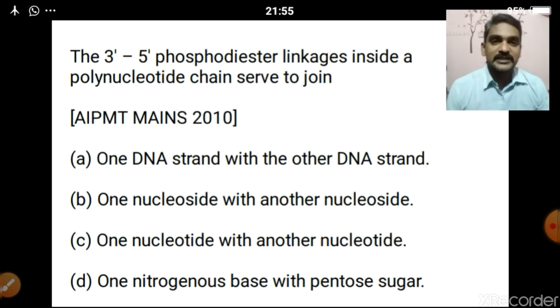Now the question is, in a single polynucleotide chain, the phosphodiester bond linkages will be present where? They will be joining which component? Whether it will join one DNA to another DNA strand, or nucleoside to nucleoside, nucleotide to nucleotide, or nitrogen base with pentose sugar. So this also, if you just see the structure, easily you can answer.